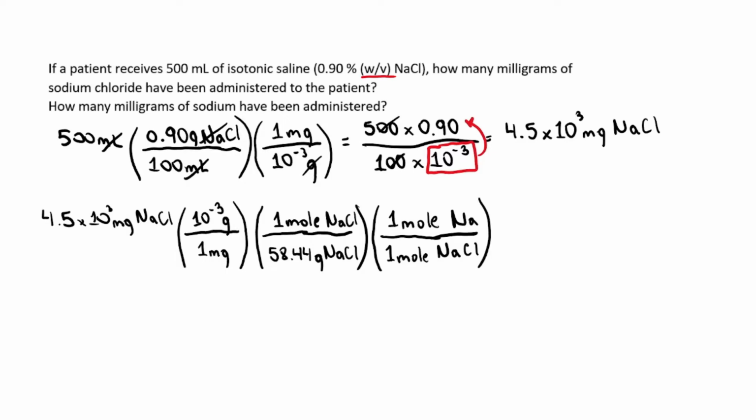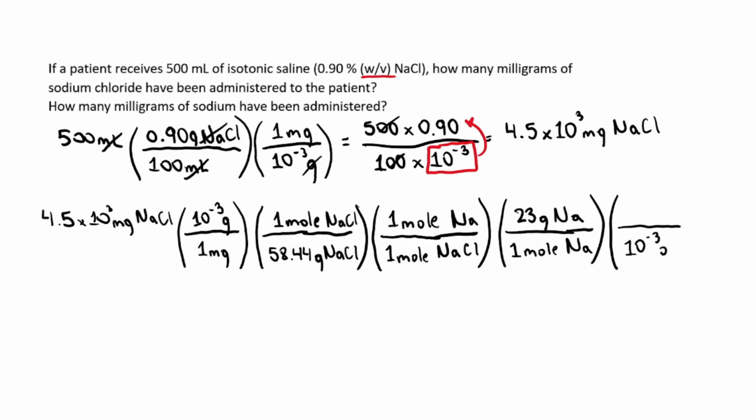Now that we're in moles of sodium, we can convert moles back into grams. For every 1 mole of sodium, you get 23 grams of sodium. Now that we're in grams of sodium, we can convert back to milligrams. So for every 10 to the negative 3 grams, we get 1 milligram.